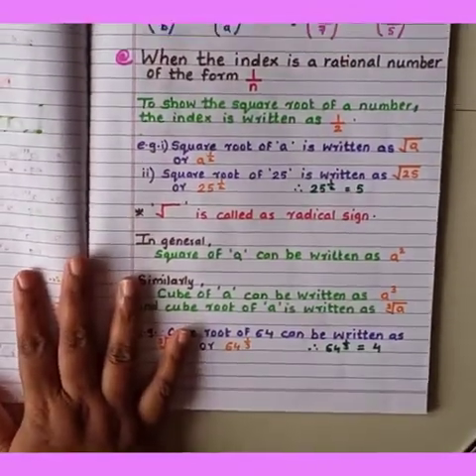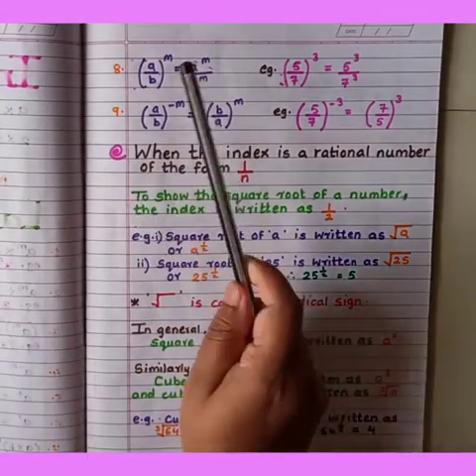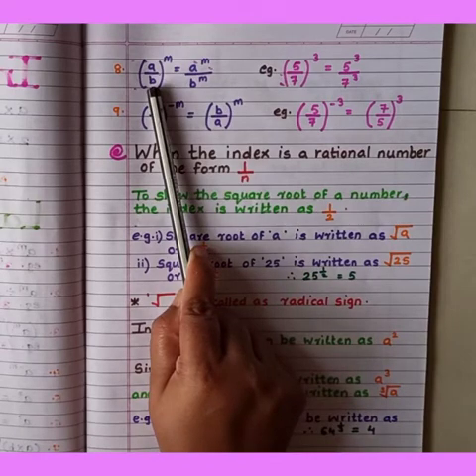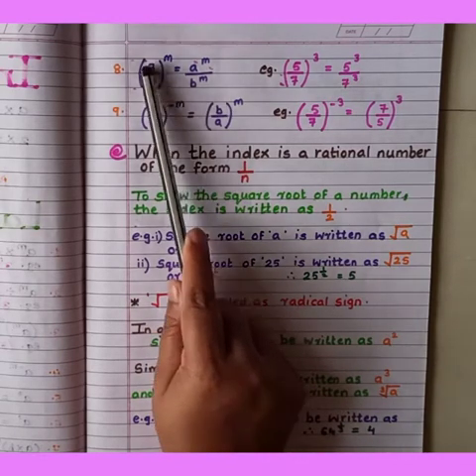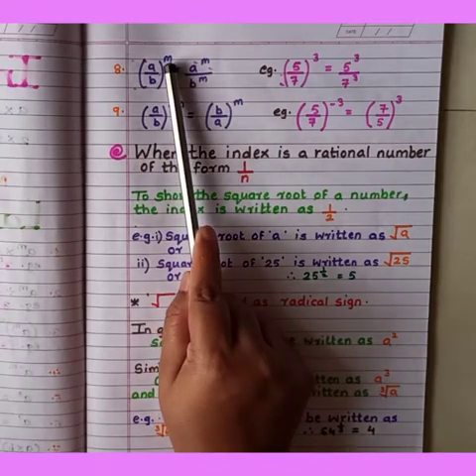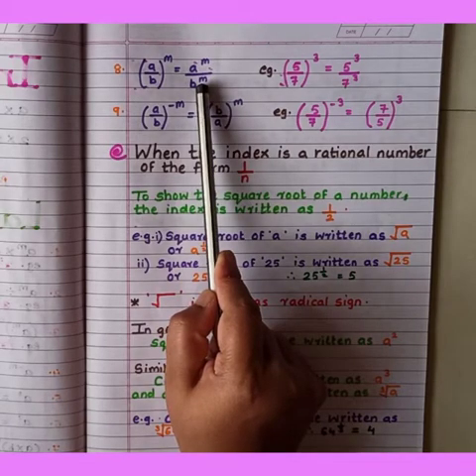Next law. When we have two different bases and division, and we have one index, that index goes to both bases.